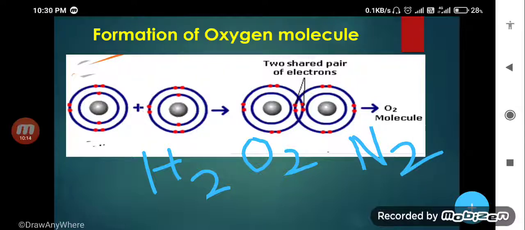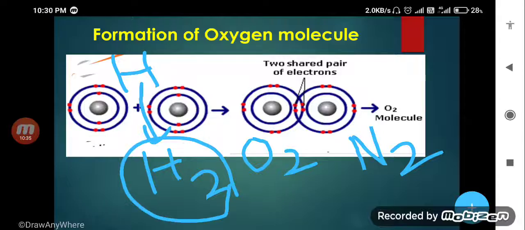If you write H, it does not represent the gas, it represents only the atom, and whenever atoms combine chemically, they form a molecule. So, whenever anybody asks you to write the formula of hydrogen gas, simply write H2, you will not write H.